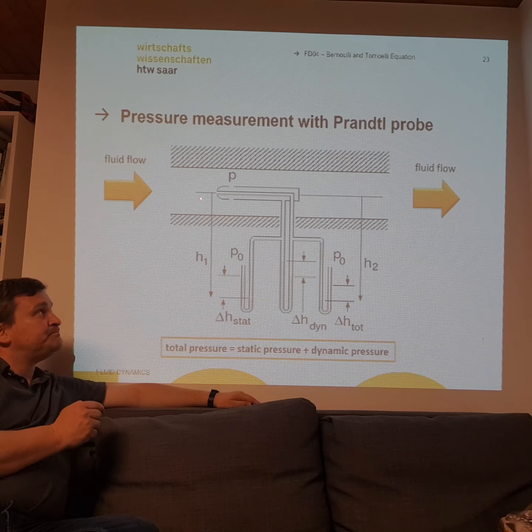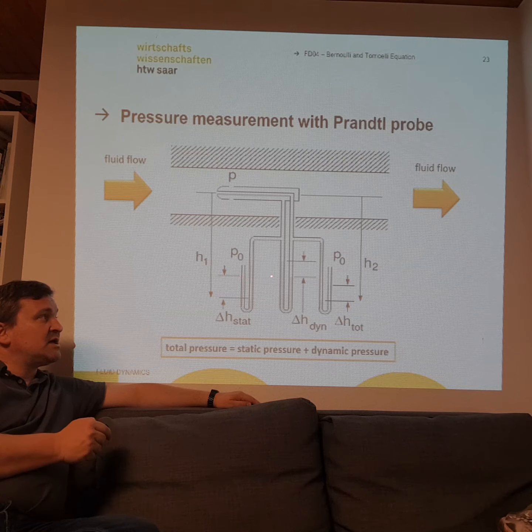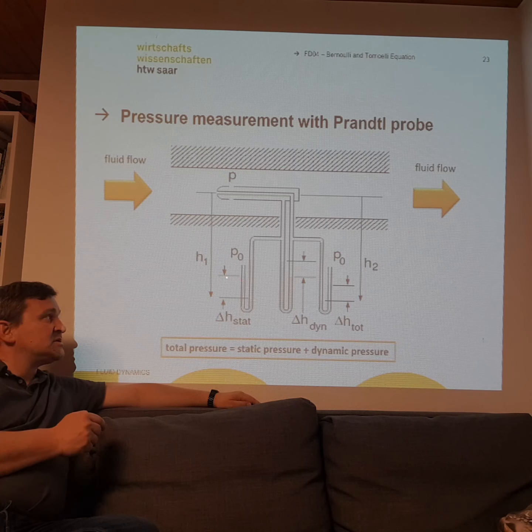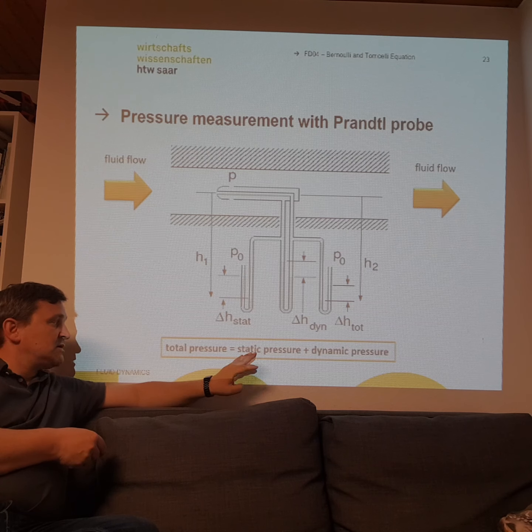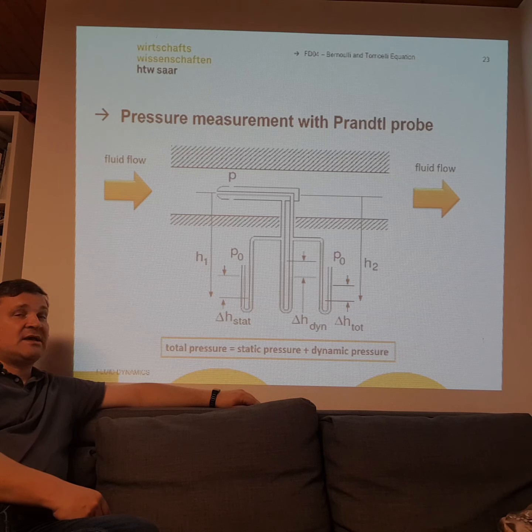So now if we have this Prandtl tube and we have two different pressures, we can make a small pipe system with some water inside, and by the level of the meniscus of the water, we can estimate the total pressure, the static pressure, and also the dynamic pressure.